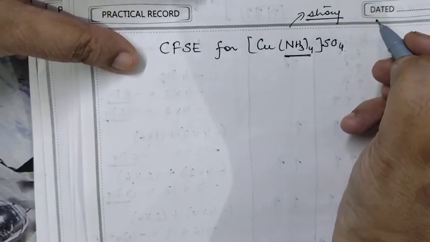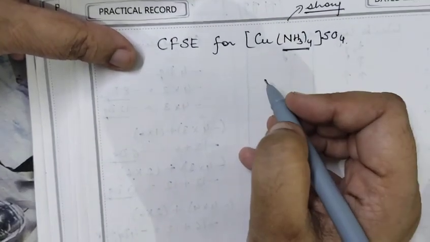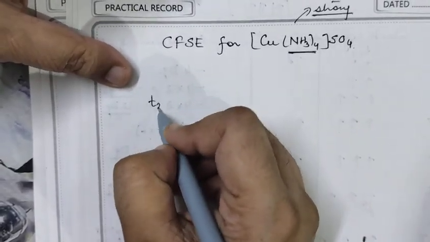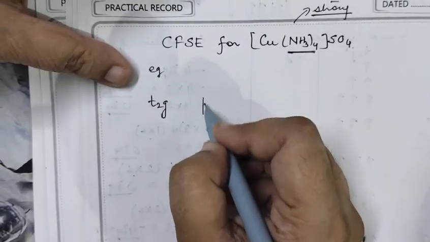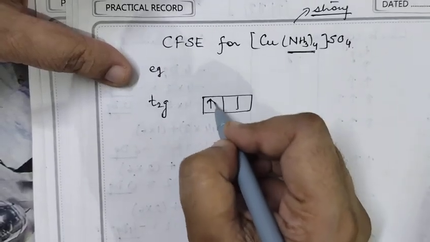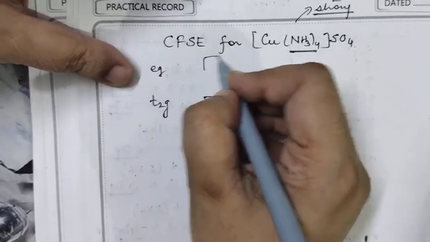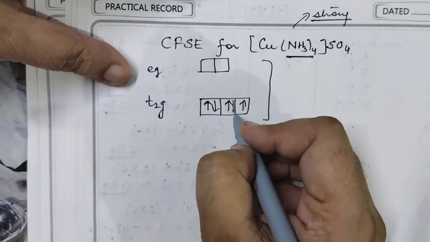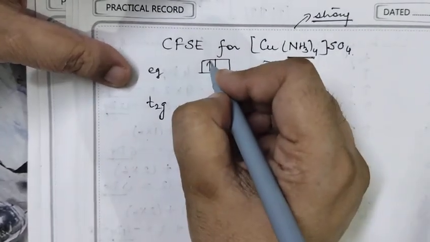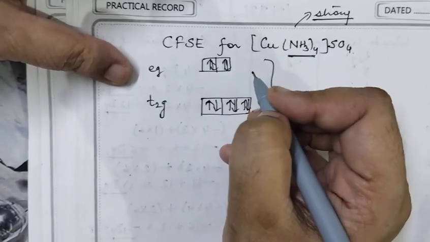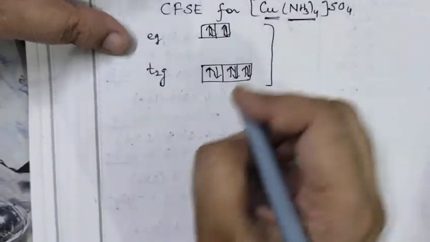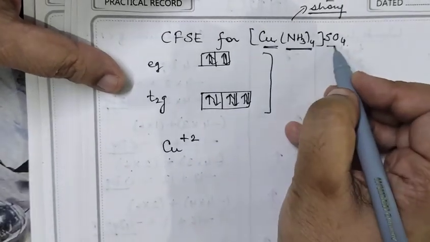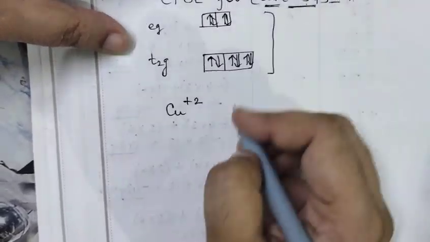So when NH3 is a strong ligand, then the filling will be taking place like this: first, second, third, and in a strong ligand this gap is more, so pairing will happen, 4, 5, 6 and then 7, 8, 9, 10. So here copper will have the oxidation number +2 because sulfate has -2, so copper will have +2.